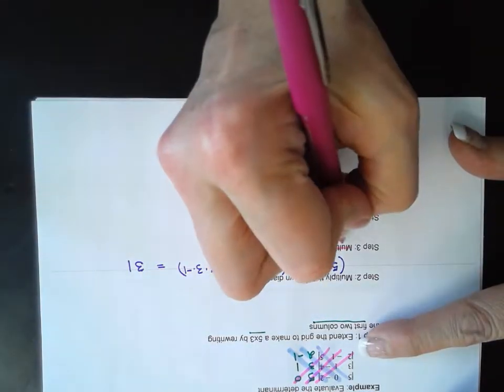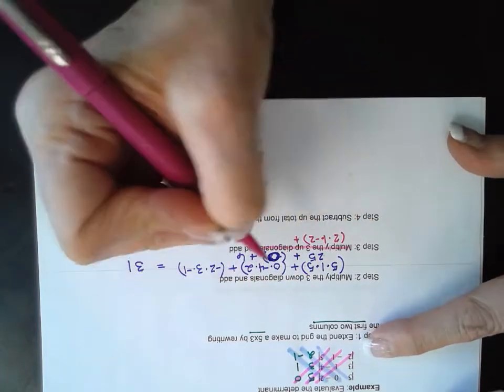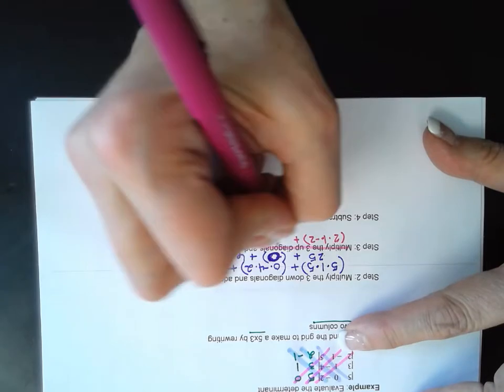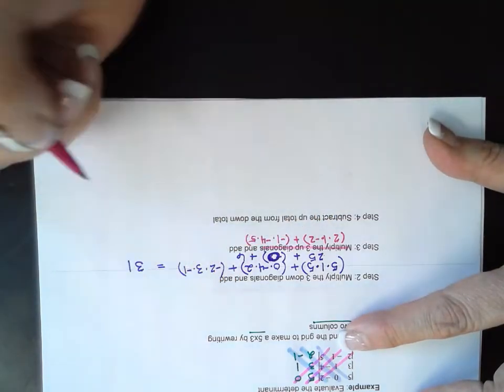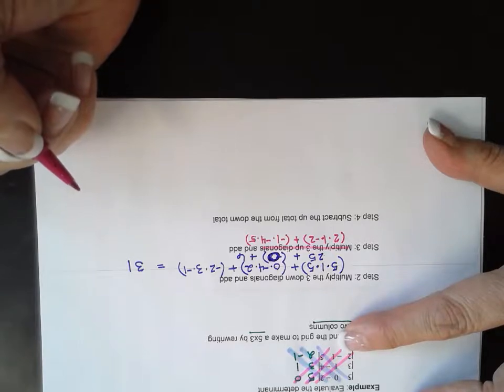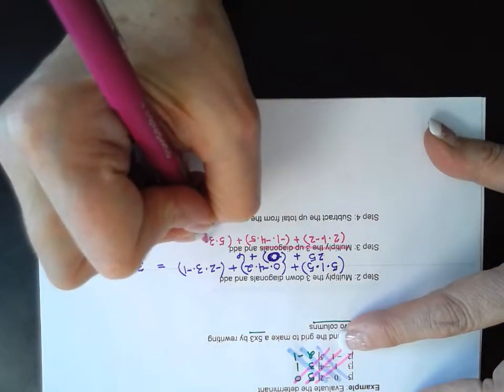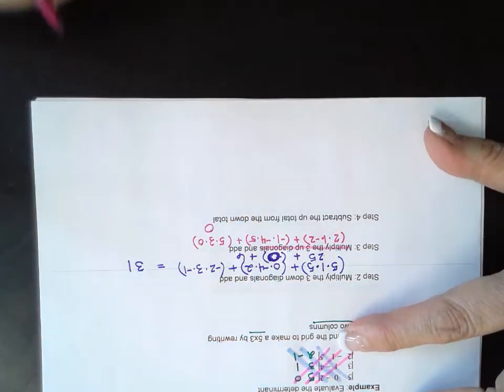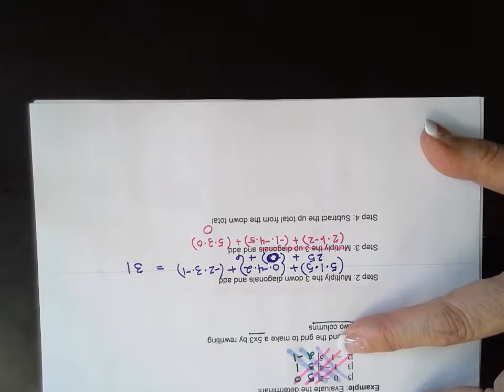So I have 2 times 1 times -2. I have -1 times -4 times 5. And then I have 5 times 3 times 0. I'm going to put that 0 down because anything times 0 is 0.